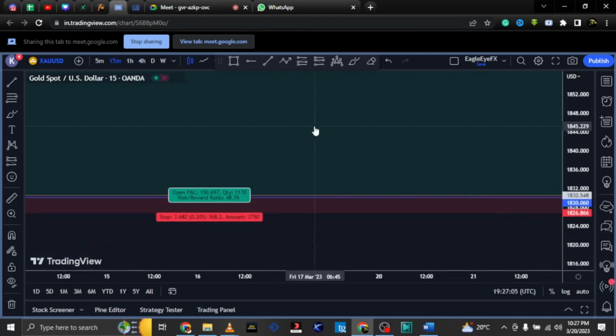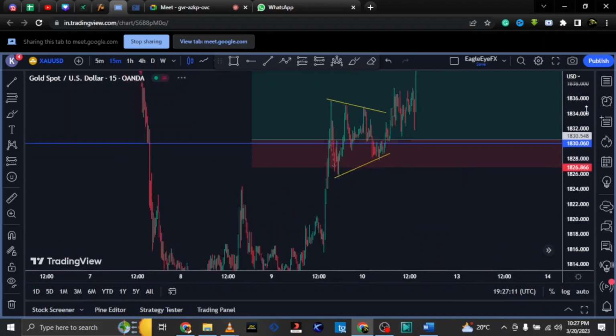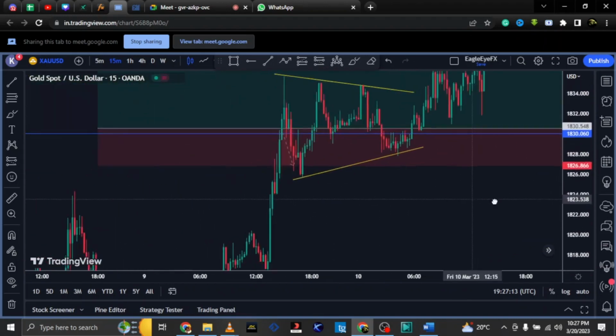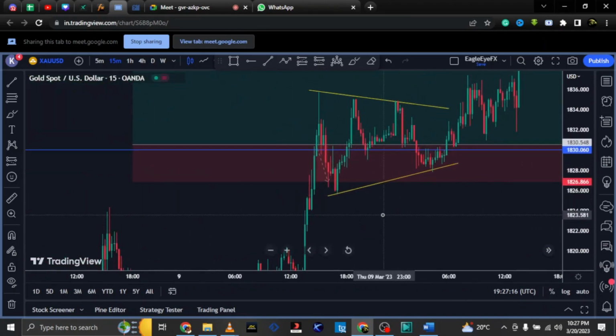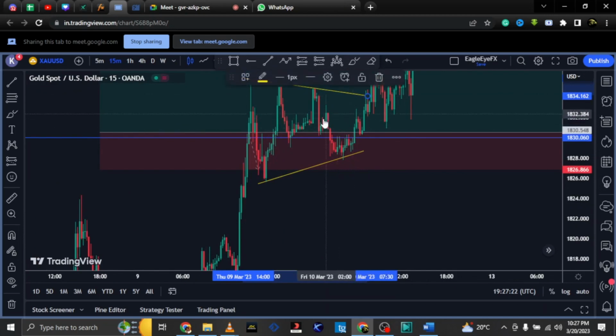Let me lock this so it doesn't disappear. Now what happened here is that this market was actually consolidating here. I think it was somewhere around here. Then I placed my buy. This was actually a buy limit.